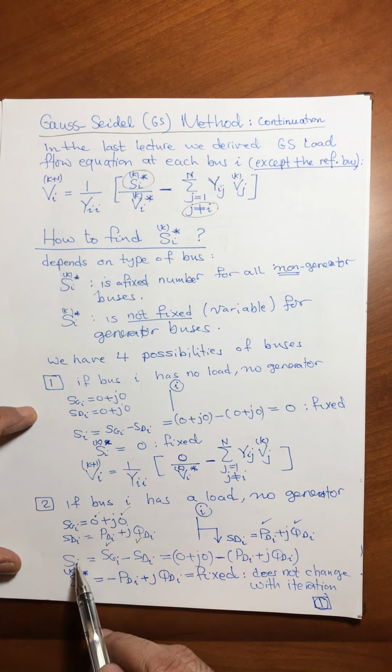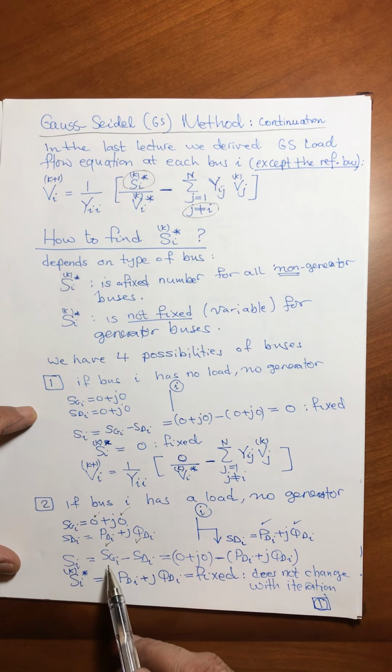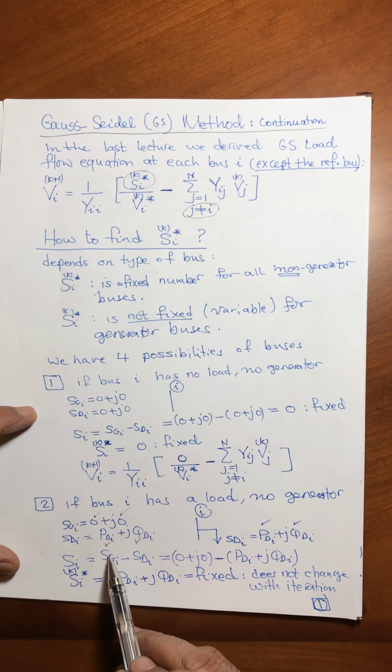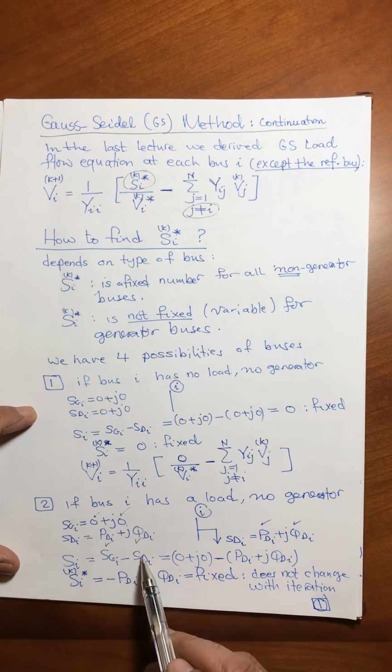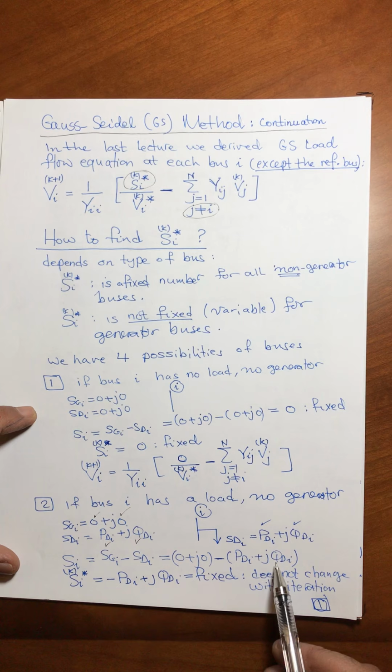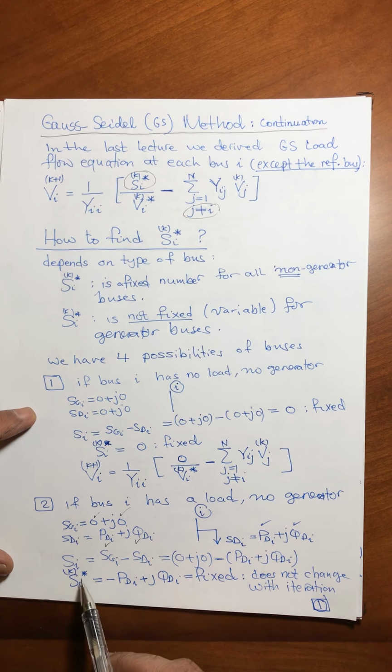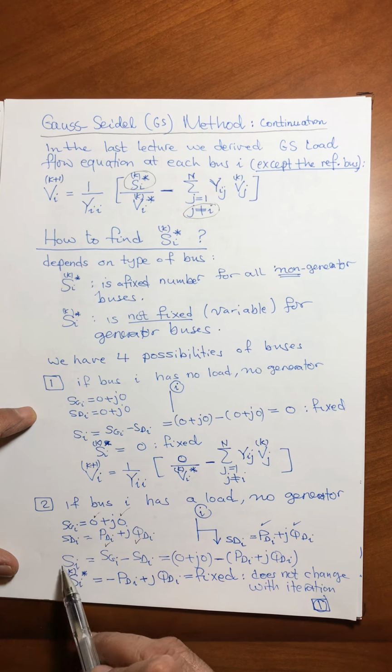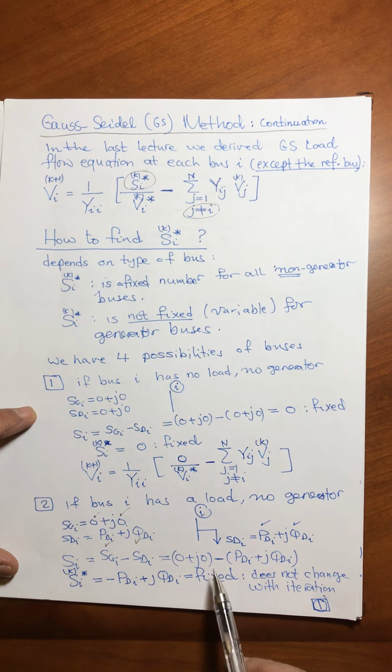In this case, net injected power is S generated minus S demanded at bus i: 0 plus j0 minus P demand i plus jQ demand i. Now, the conjugate of this Si, you replace the minus sign by plus sign.